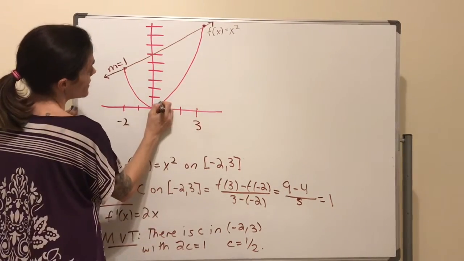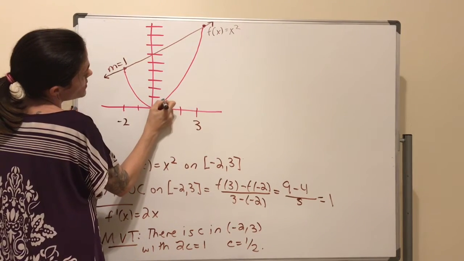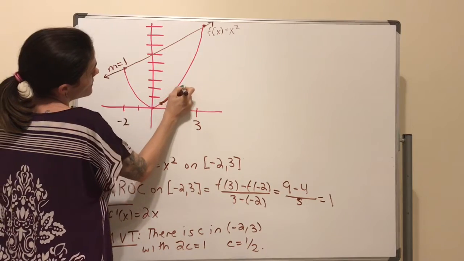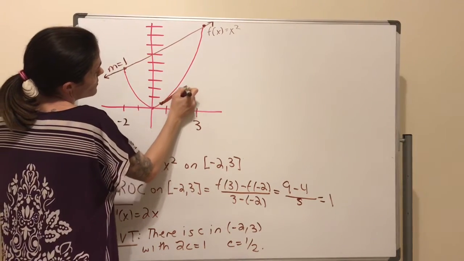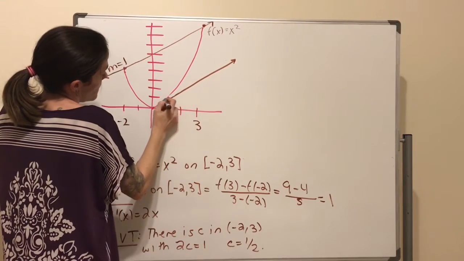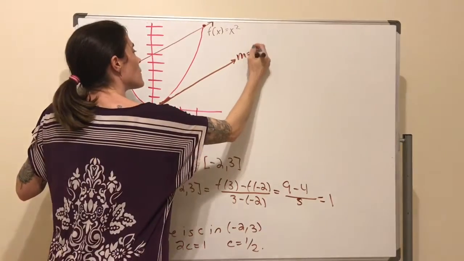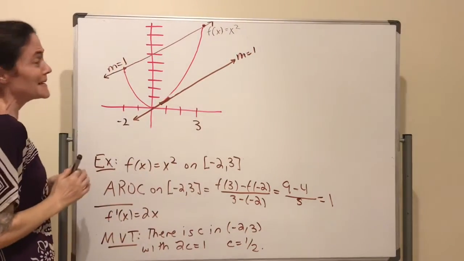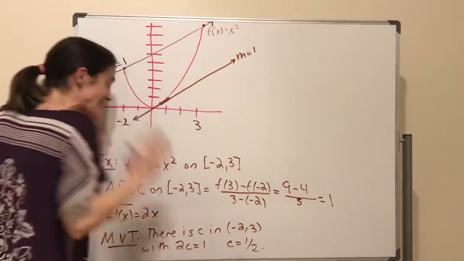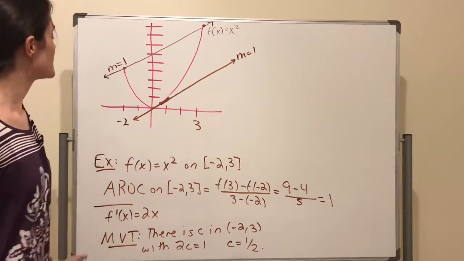It's right here at a half, and so the slope of this line will also be 1, okay? This is what the mean value theorem gives us.